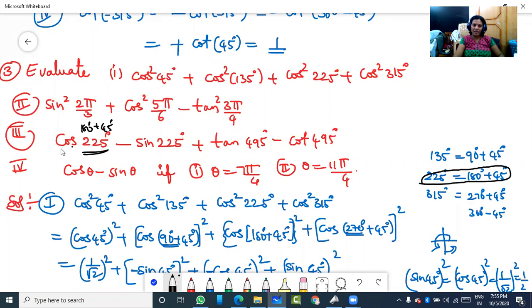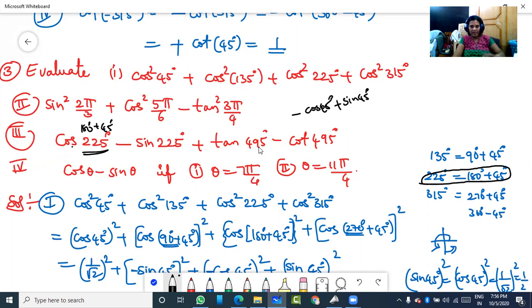In the third quadrant, cos is negative, so you get minus cos 45 degrees. Here 225 is the same, minus sine of 180 plus 45 degrees. In the third quadrant, sine is negative. Negative into negative is positive, plus sine 45 degrees.